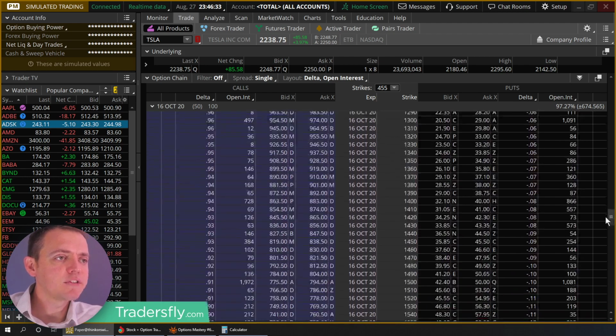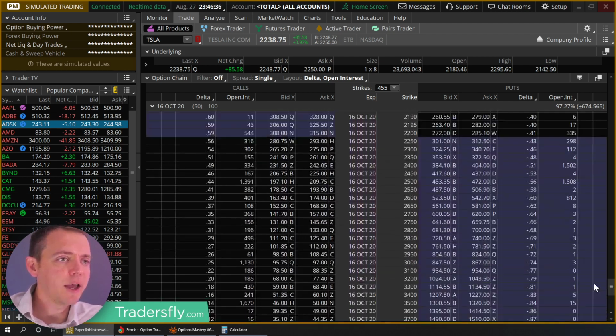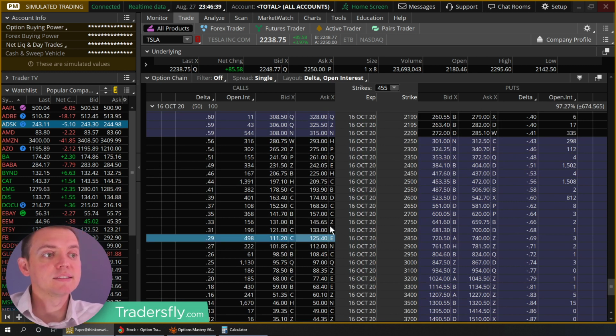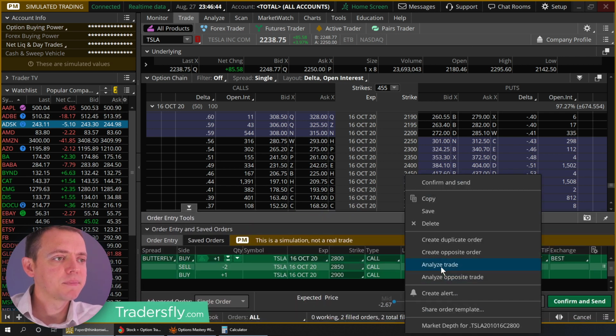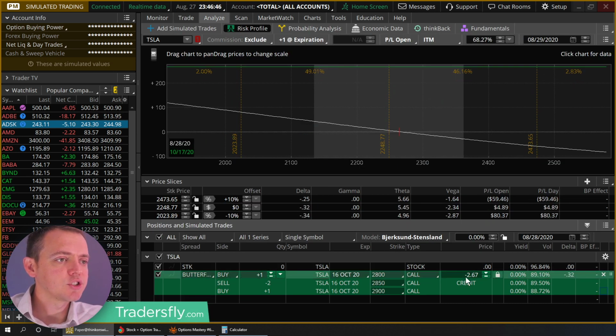So let's say I go out 50 days out, and I'll go ahead and buy a butterfly spread. Maybe I think this stock's going to go to the upside. I'll buy a butterfly, analyze the trade, and just to show you how I might set this up. So let's say I go to 2,800, and this will be 2,900.